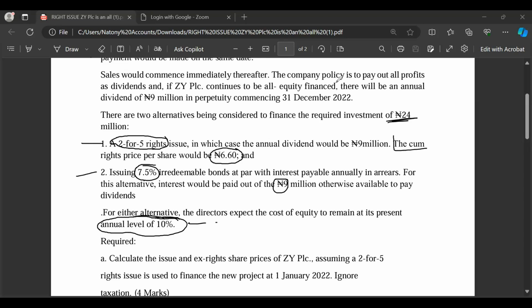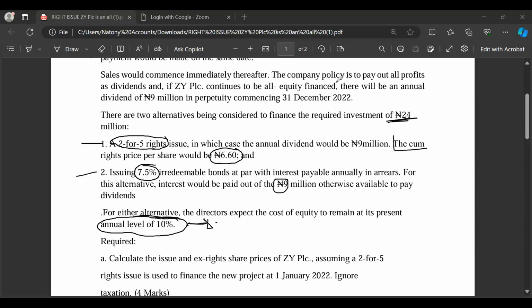But here your examiner is telling you that the cost of equity will remain constant, whether the company is financed by debt or by debt and equity. So you go with what your examiner has given you and you work with that.